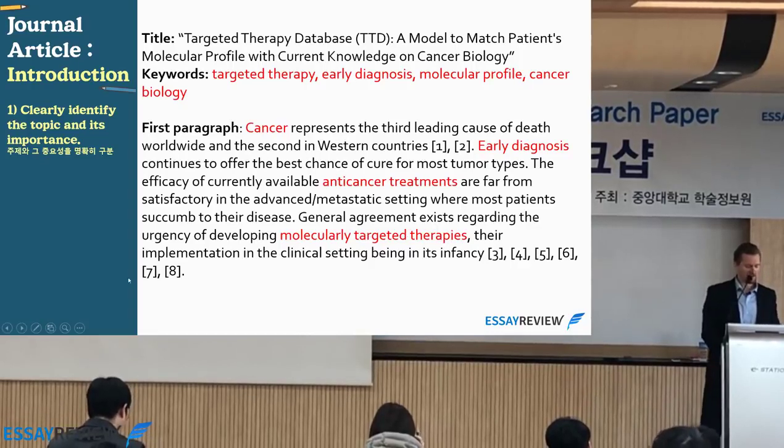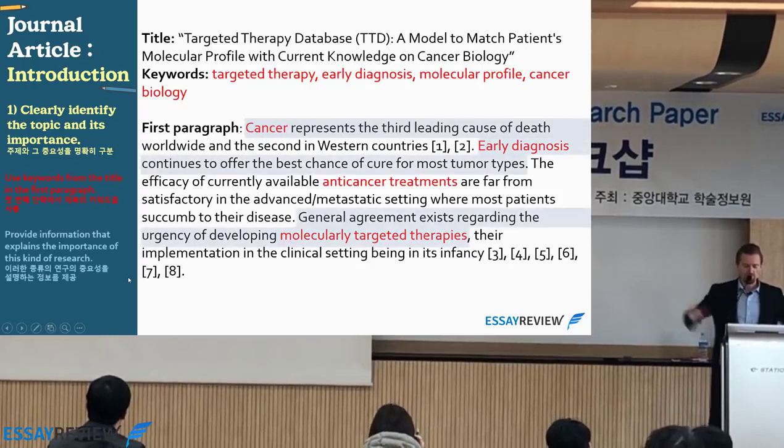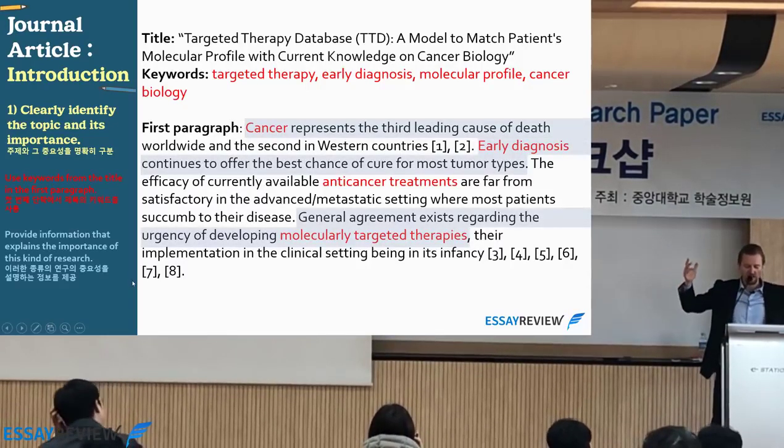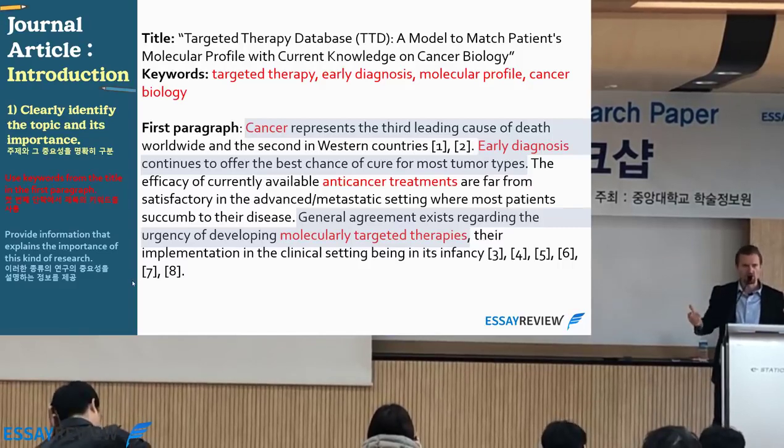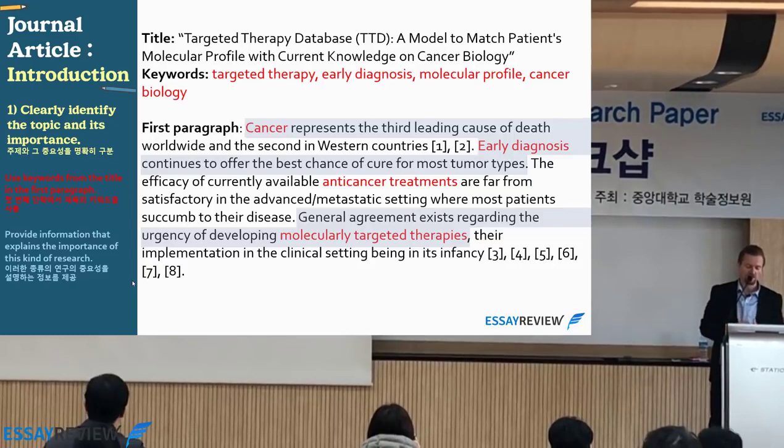They've also provided information that explains why it's important. So they start off very broad, right? Cancer represents the third leading cause of death worldwide. Wow, that's really broad, and it also shows why the study is important. Then it moves to a little bit narrower. Early diagnosis continues to offer the best chance for most tumors. Okay, then it goes even more narrow.